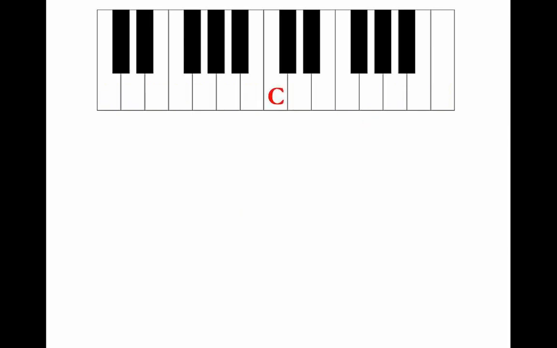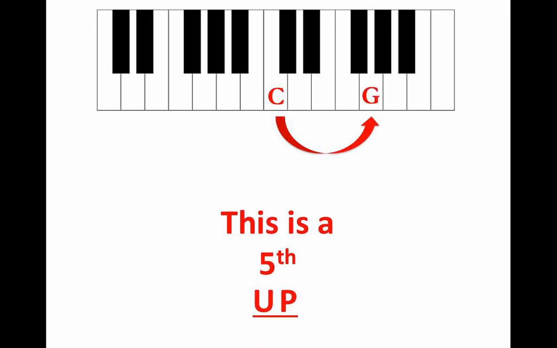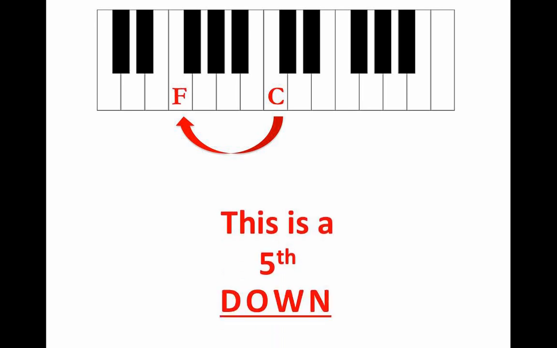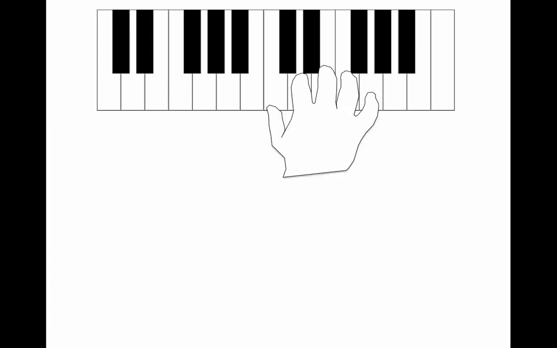So if we are starting on a C and we're going to this G, this is a fifth up. We're going to the right on the keyboard. Up is to the right. And from this C to the left, that's down a fifth on the keyboard. So C down a fifth is F.